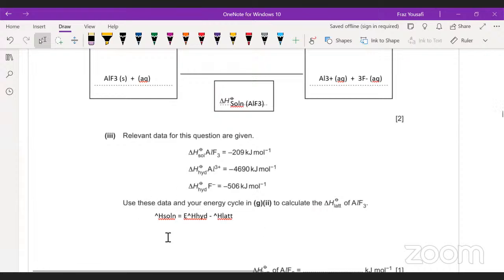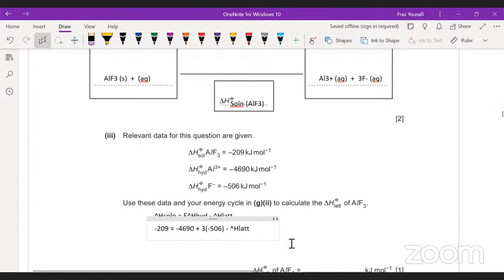This is our formula. Now, what do we know? We know the enthalpy change solution of the AlF3 to be negative 209, which will be equal to the negative 4690, which is the hydration of your aluminum ions, plus 3 times negative 506, which is the hydration of your fluoride ions, minus the enthalpy change of your lattice.